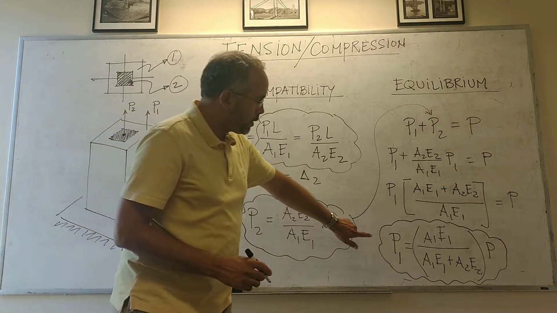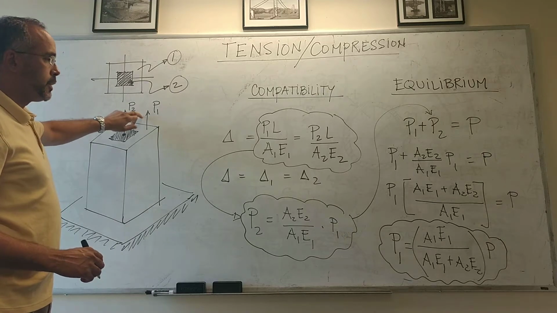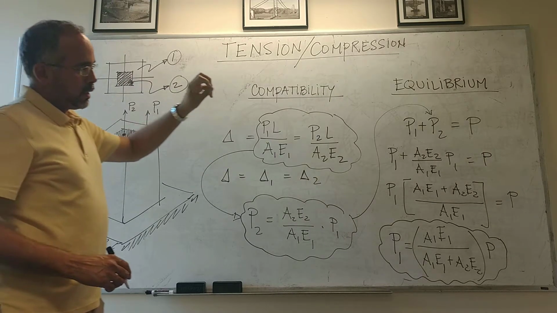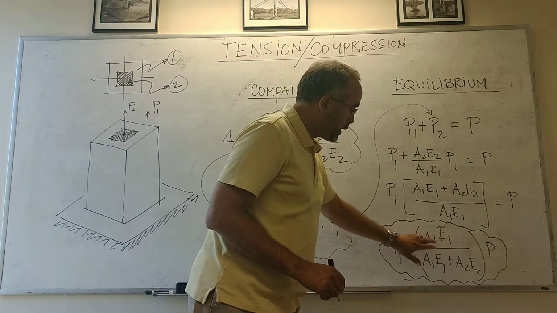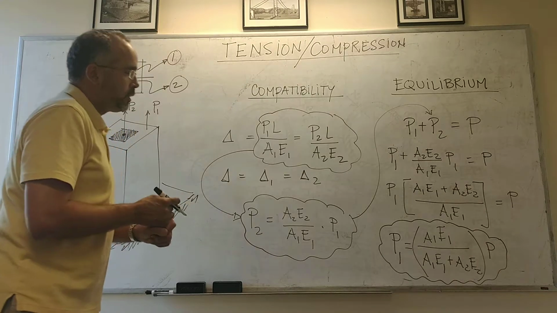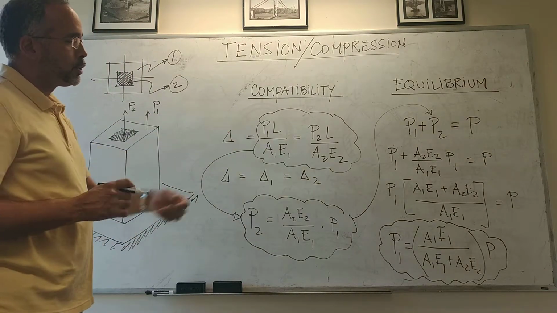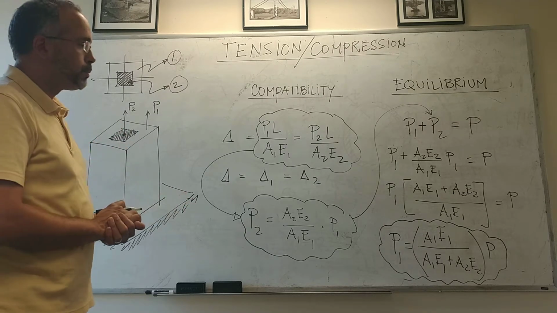So this tells you that the force contributed by material 1 is a proportion of the total load, and that proportion, that ratio, is the axial stiffness of material 1 divided by the sum of the stiffnesses provided by material 1 and material 2.